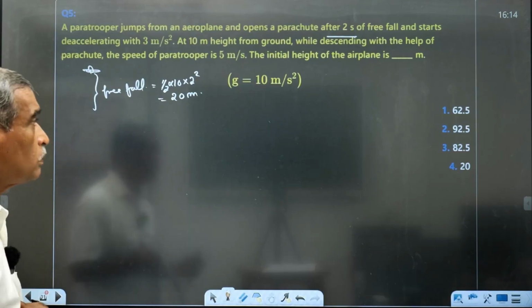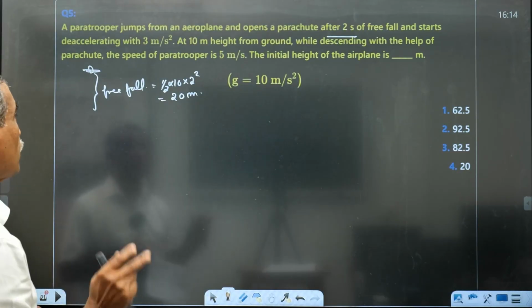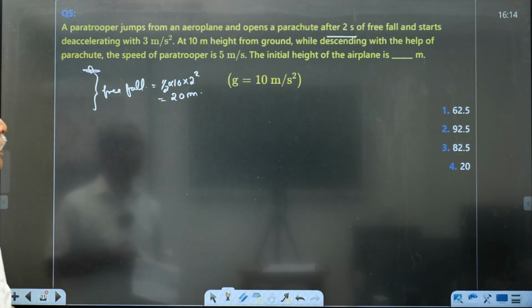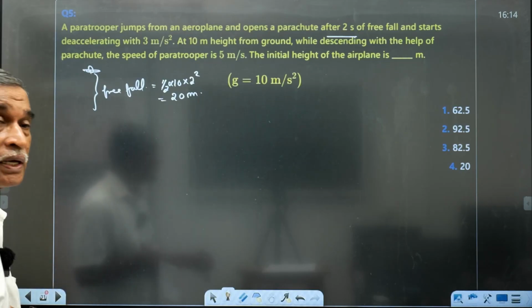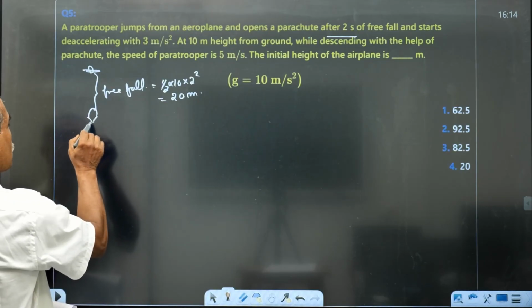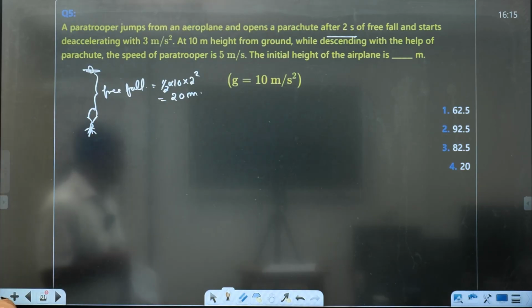So he went down 20 meters in free fall, half g t squared. And what is the velocity at the moment he opens the parachute?